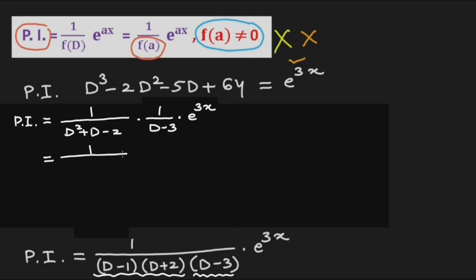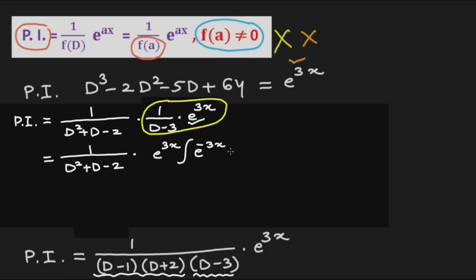Applying 1 upon (D minus 3) on e raised to 3x, this will be e raised to 3x integral e raised to minus 3x into e raised to 3x dx, times 1 upon (D square plus D minus 2).